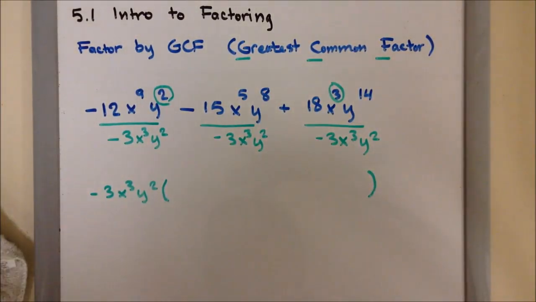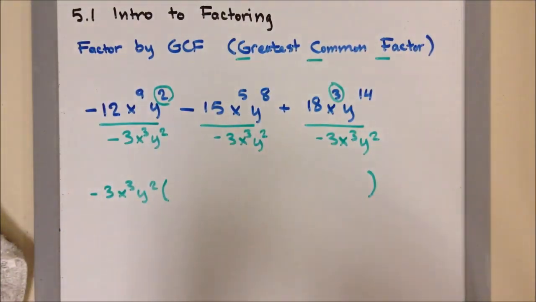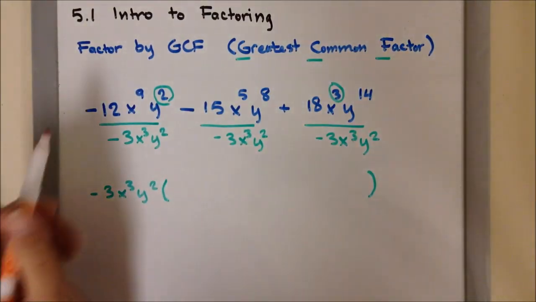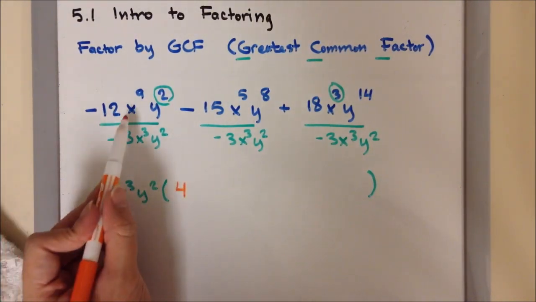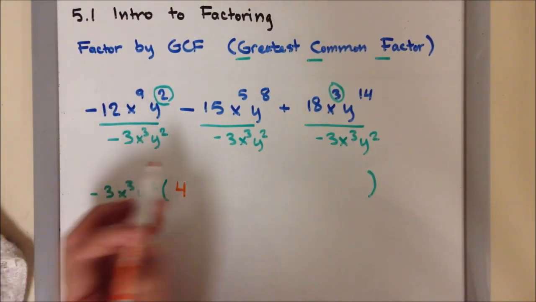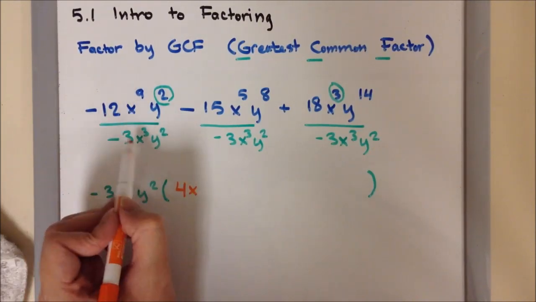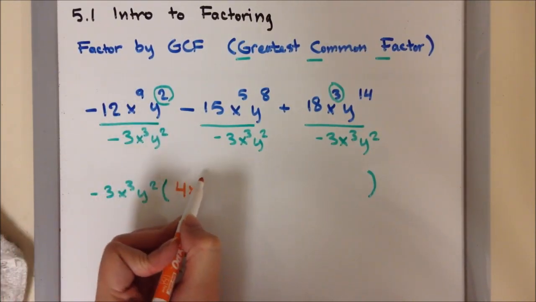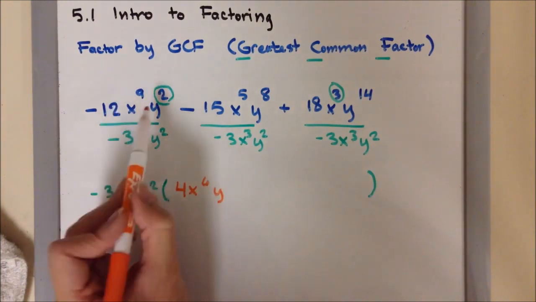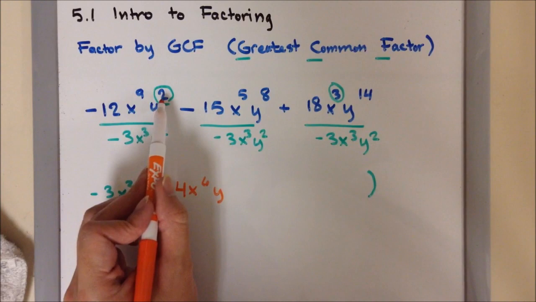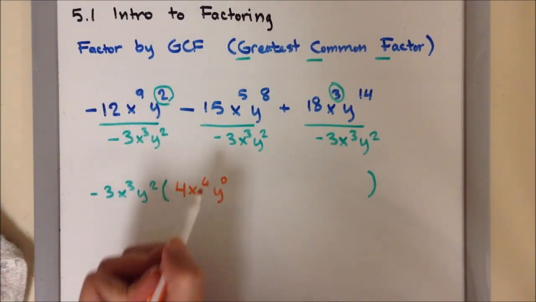Now let's divide each of the terms. Negative 12 divided by negative 3 will be positive 4. x to the 9th divided by x to the third, well, again, top exponent minus bottom, so it's 9 minus 3, 6. And the y's, top minus bottom, 2 minus 2, that would be 0.